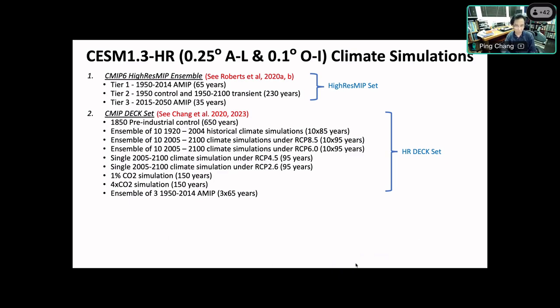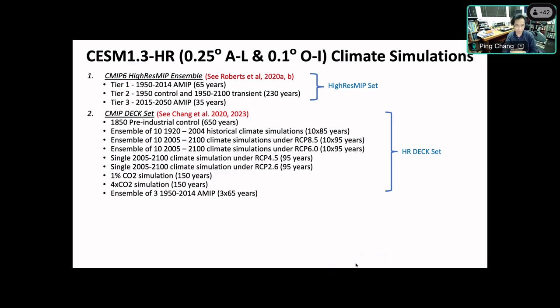We also completed another ensemble of 10 under RCP 6.0. Then we did 2 single simulations under RCP 4.5 and 2.6. We also did 1% CO2 simulations and quadruple CO2 simulations for climate sensitivity studies. In addition, we made an ensemble of 3 AMIP simulations from 1950 to 2014.